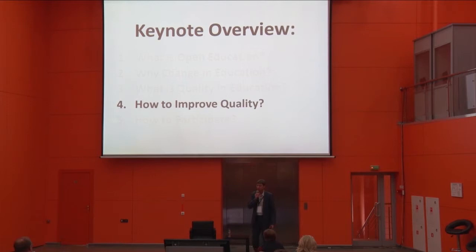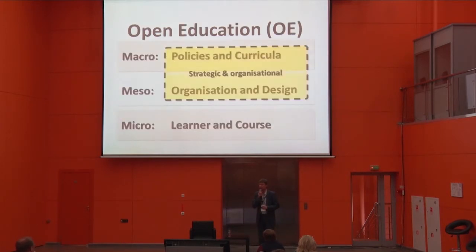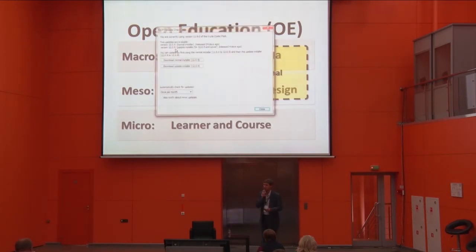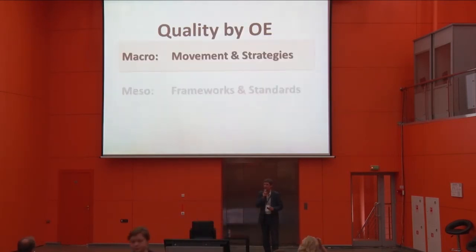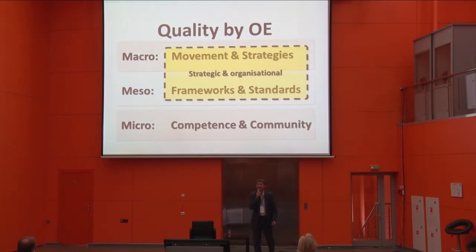Okay, how to improve the quality is now the next question that I'd like to tackle. And you may still remember what I've said about the 3 different levels at the macro, meso and micro level. And if we transfer that to the quality facilitated by open education, then you have here the overview.